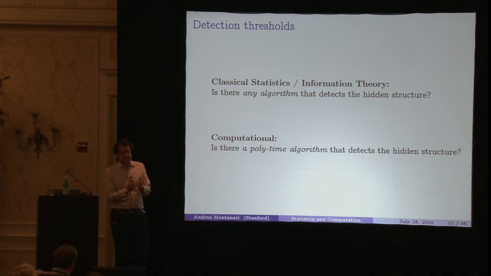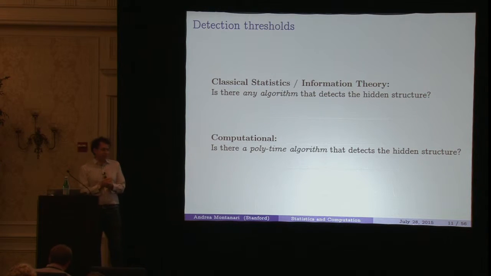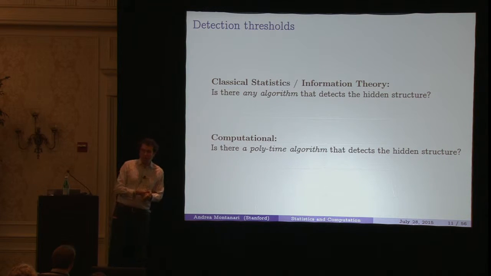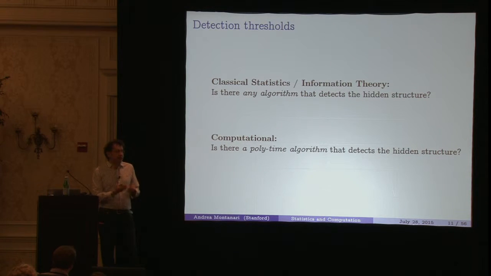In this sense there are two thresholds to keep in mind, two conditions. I will refer to one as the classical statistics, or information theory, threshold. This answers the question: is there any algorithm that can find such a structure, that can find the clique or the partition?